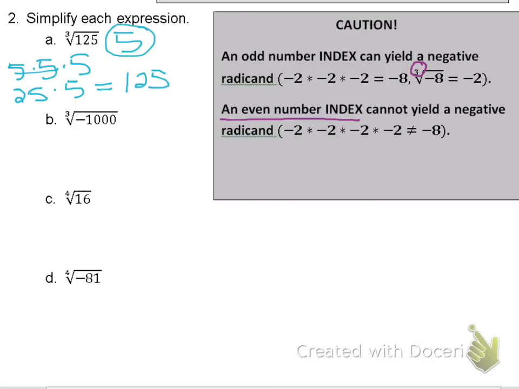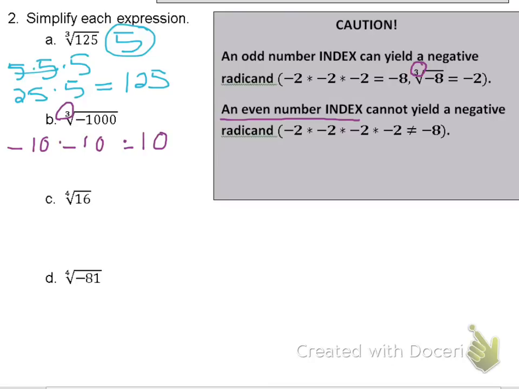The next example, this time the root is also a cubed root. So I happen to know that 1,000 is a multiple of 10. So since it has 3 zeros, I'm assuming that 3 tens multiplied together will equal 1,000. And it's a negative 1,000, so we'll try negative tens. And it has to be the same. You can't do 2 negative tens and 1 positive.